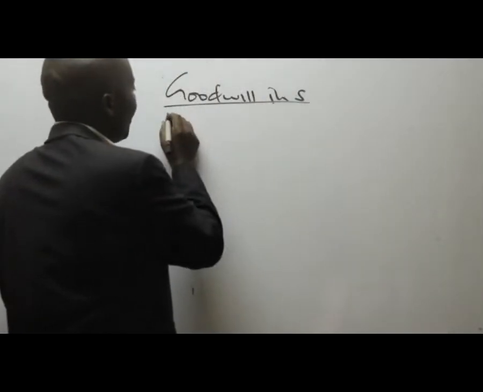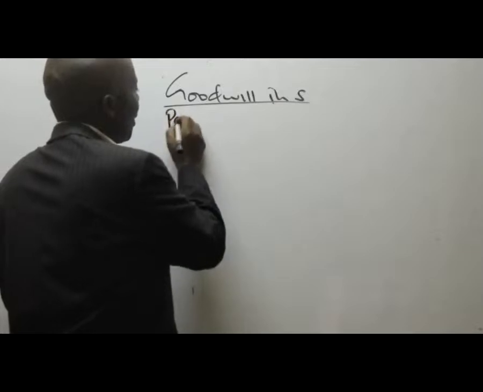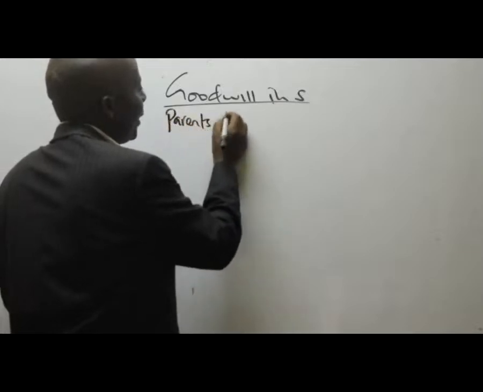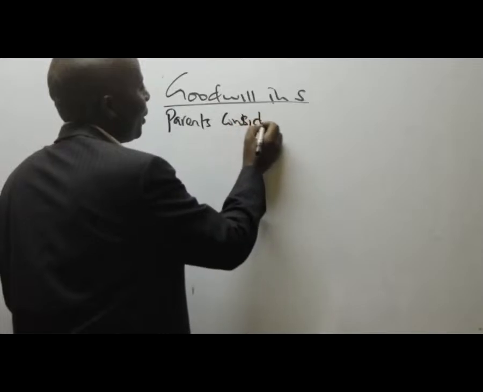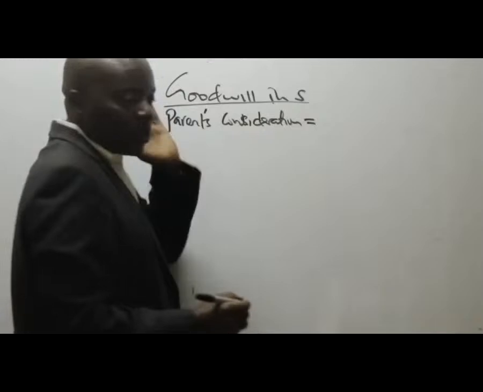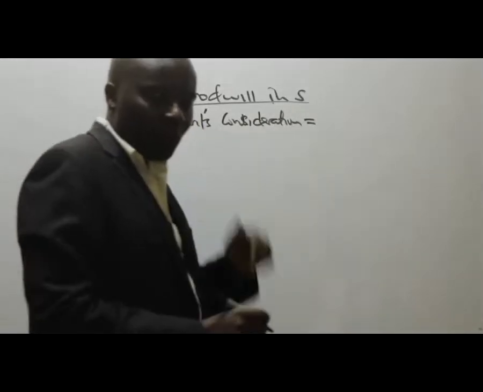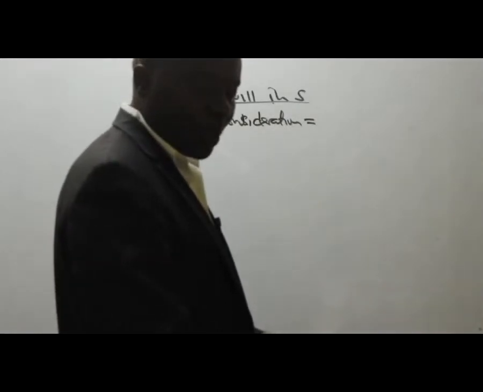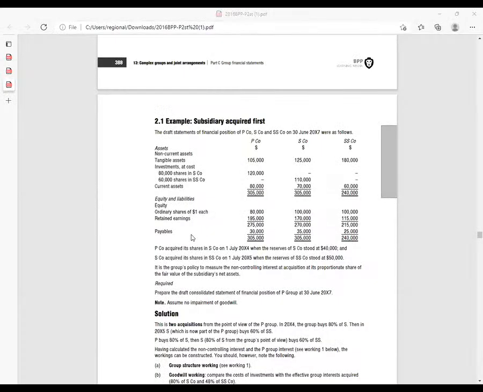So we start with the parent's consideration. What do we have here for the parent's consideration? We are told the investment it made at cost.